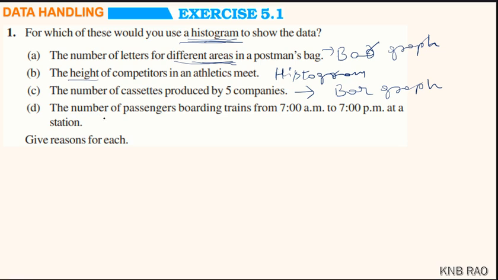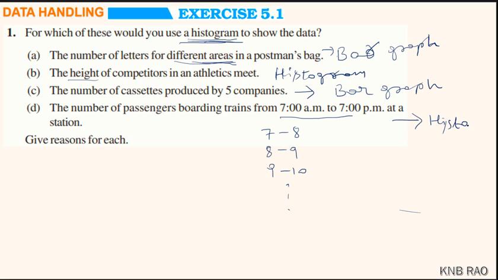Again, the number of passengers boarding trains from 7 a.m. to 7 p.m. Here, if you observe, I can make clusters, groups, or class intervals, like 7 a.m. to 8 a.m., 8 a.m. to 9 a.m., 9 a.m. to 10 a.m., and so on. When we make groups like these, definitely that data will be convenient to draw a histogram.